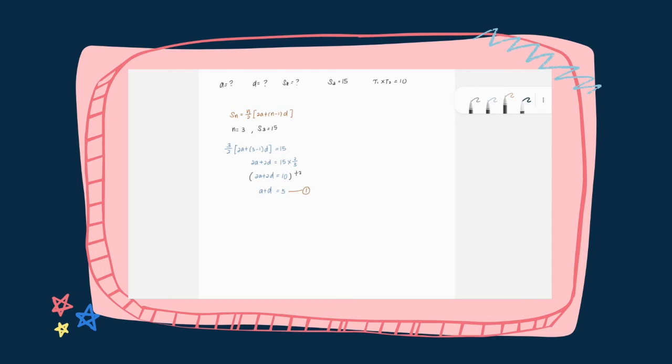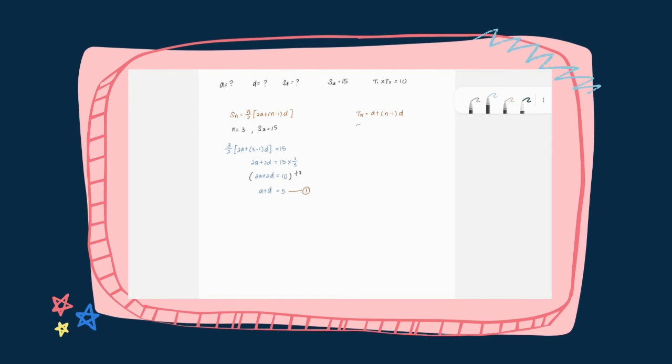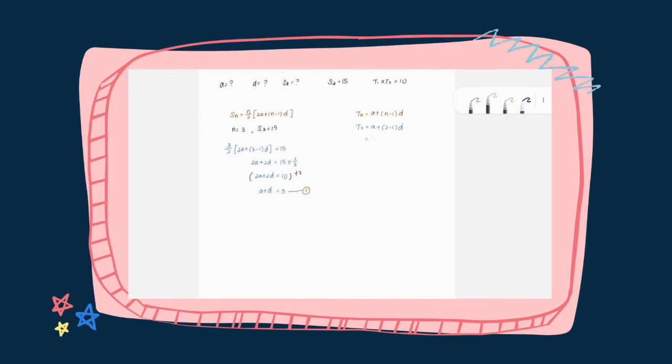Next, we need to find our t2 first, before we proceed to the next step. By using the formula Tn equal to a plus n minus 1 multiplied with d, our t2 is equal to a plus 2 minus 1 multiplied with d. 2 minus 1, we will get 1d.